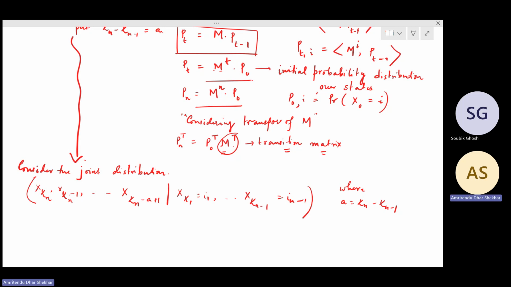Notice that this joint distribution is dependent only on this term. It's independent of the rest of the terms, right?